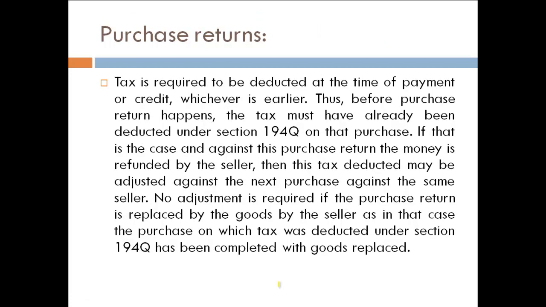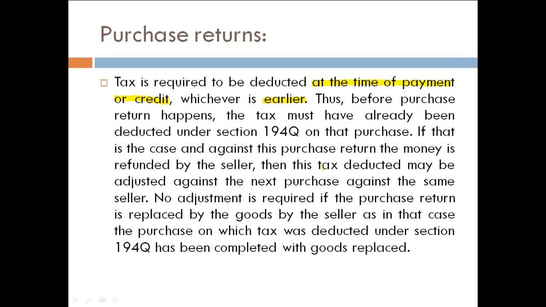Purchase returns. Tax is required to be deducted at the time of payment or credit, whichever is earlier. This is the general rule for TDS. Thus, before purchase returns happen, the tax must have already been deducted under Section 194Q on that purchase.